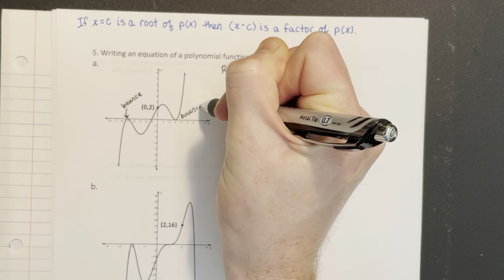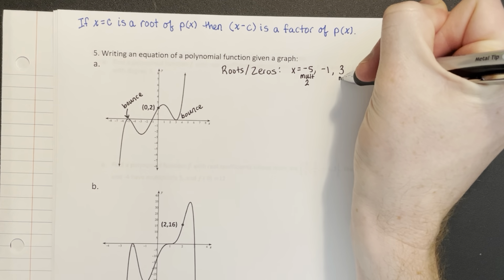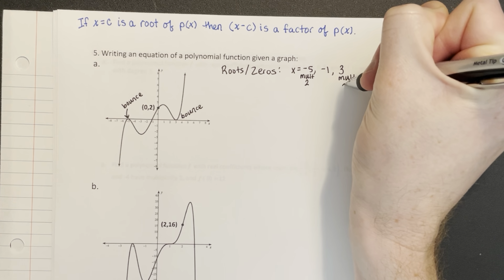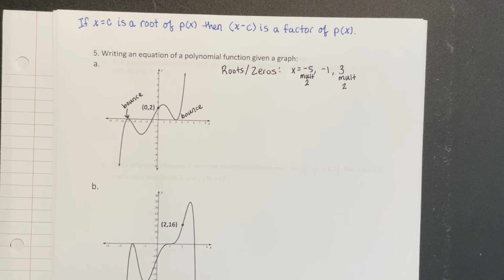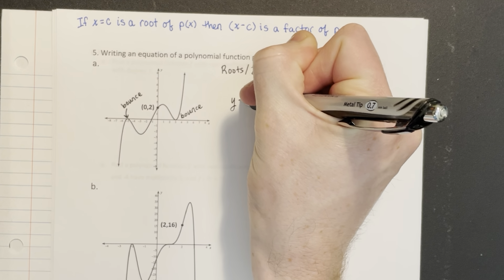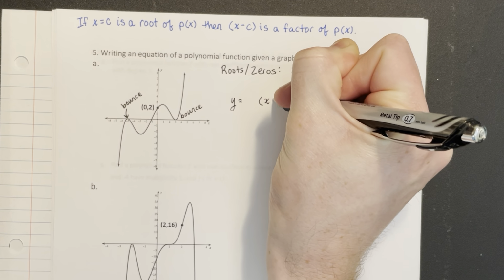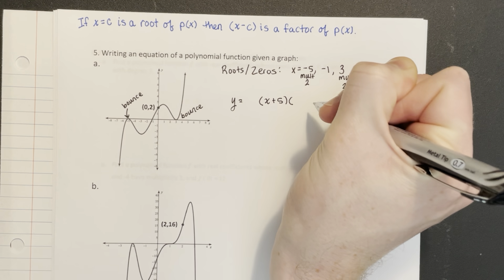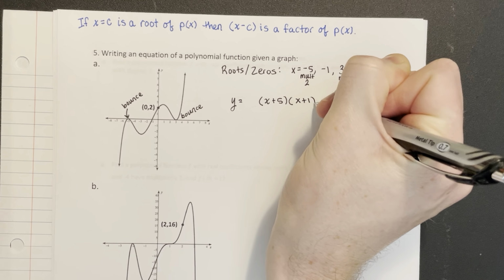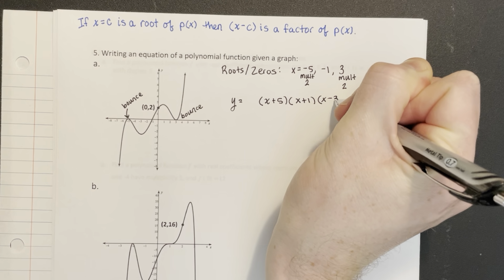So we have another multiplicity, so that's multiplicity 2 as well. Each of those roots has a factor associated with it. So we're going to create the factors like x plus 5, x plus 1, and x minus 3.